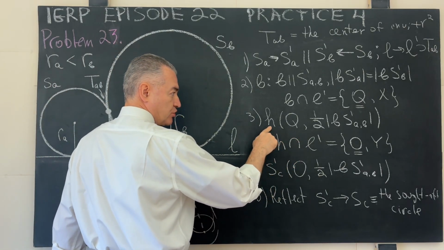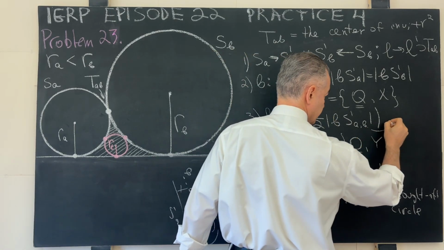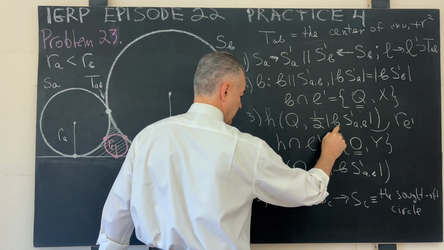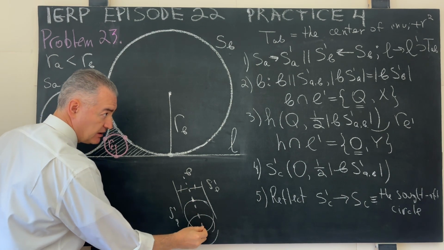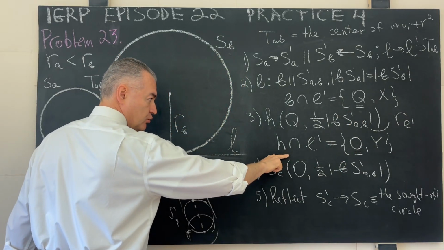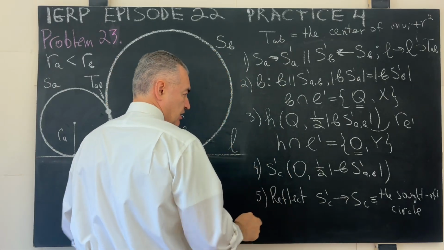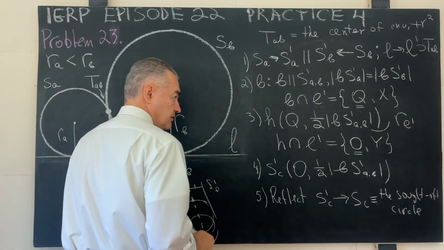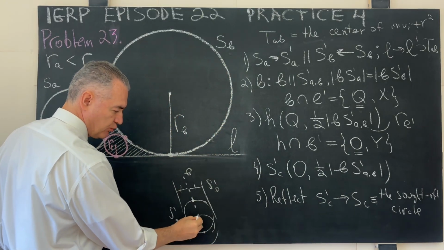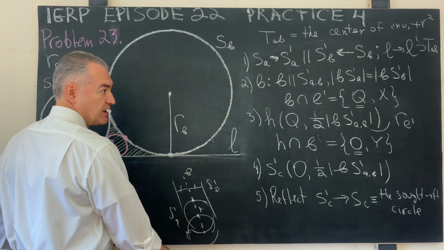So helper circle H is centered at the point Q, with the radius that is equal to the radius of the circle L prime, half the distance between the median straight line B and any of the parallel straight lines S prime A or S prime B. That circle will intersect the straight line, our straight line B, again at two distinct points. This will be the point, let's say Y. Here at the bottom, you cannot see it, but it's here, the point O.